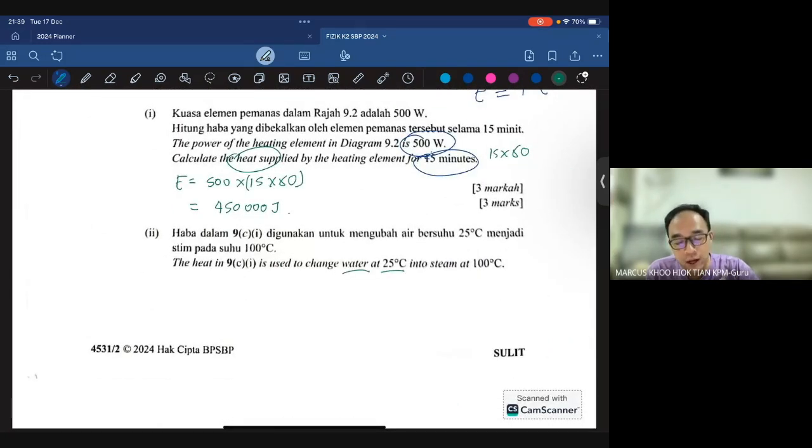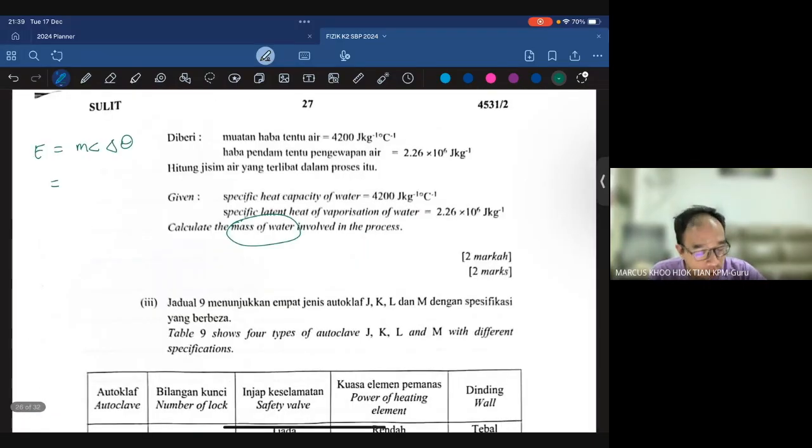Water, 2500, steam. Oh, wow. So there are two energies over here, because first they give you the specific heat, then they give you the specific latent heat. So there are two involved: one is E equals ML, one is E equals MC delta theta.